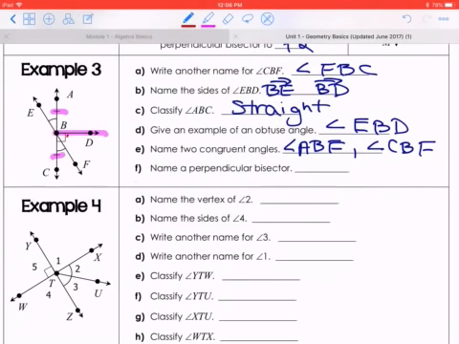So that means it's perpendicular, and it's cutting through at the midpoint. So for this one, a perpendicular bisector, we could call this ray BD. Ray BD is acting as a perpendicular bisector to line AC. All right. If you want to try example 4 on your own, go ahead.